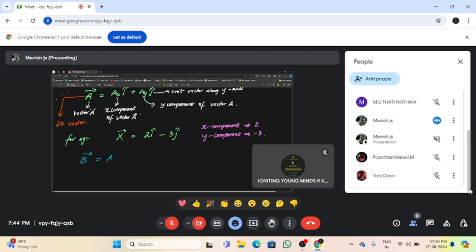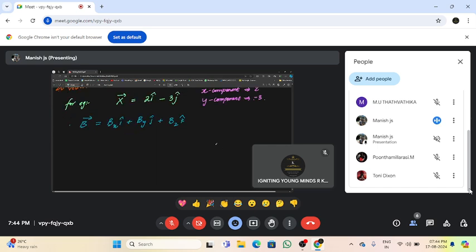So we can say bx i plus by j plus bz k. So you can see that this is a three-dimensional vector because you have an additional axis called z-axis. So this is an example of a 3D vector.